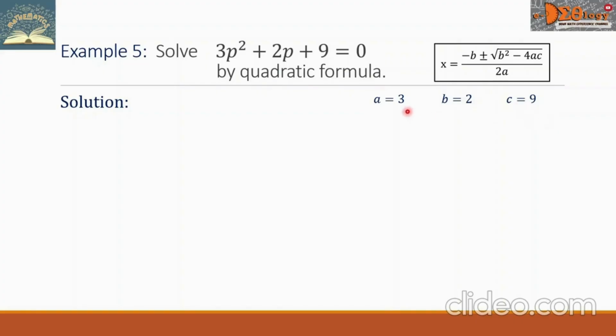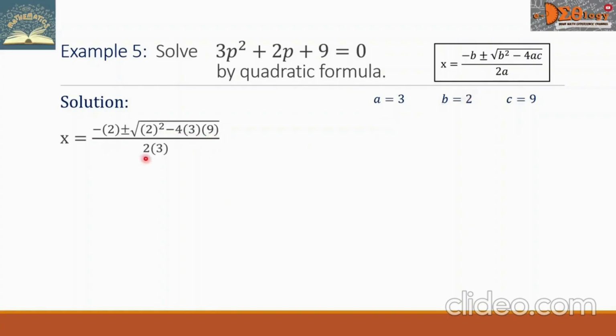We substitute the values a, b, c respectively in the equation. So we have x equals the negative of positive 2 plus or minus the big square root of 2 squared minus 4ac. So we write here 4 times 3 times 9 all over 2a.